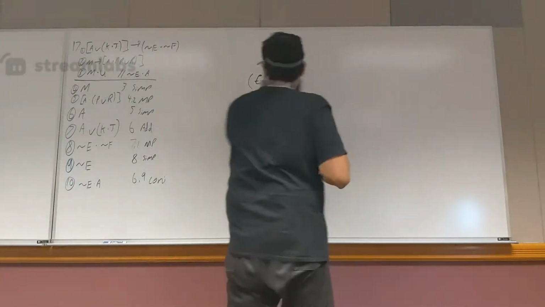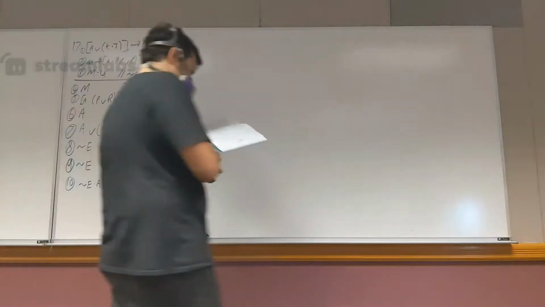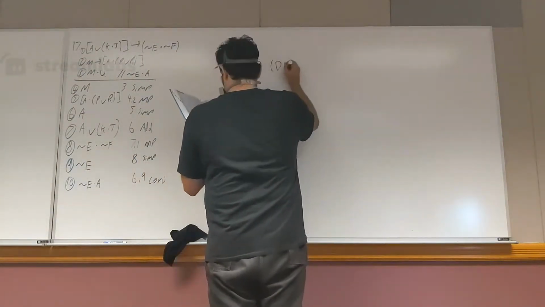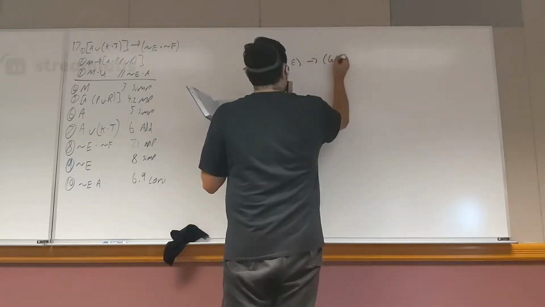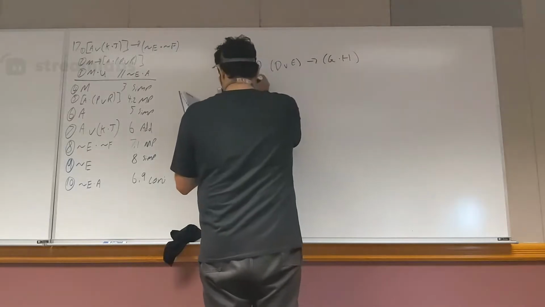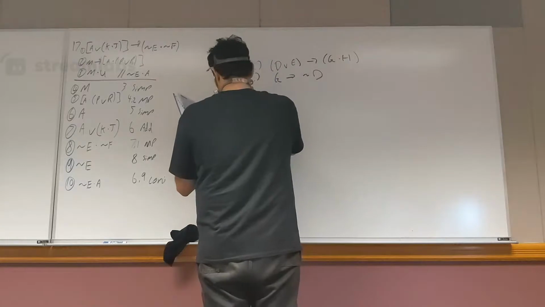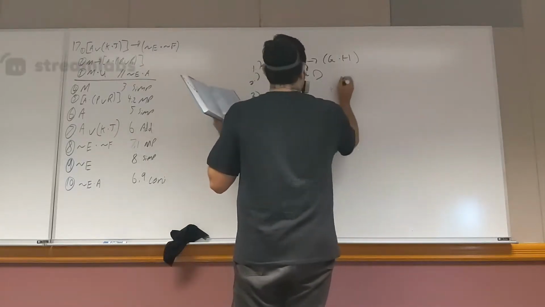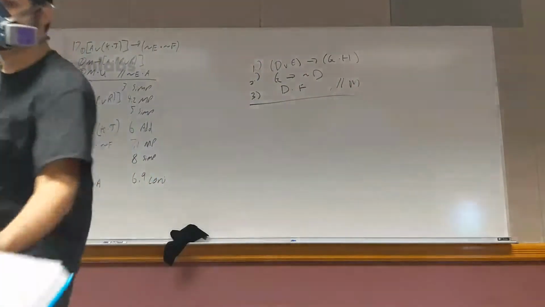What it did is break it down to one statement, which was D, and then it added D or M, and it just disproved D. So D or E, then G and H, G then not D, D and F, therefore M. It makes sense what they did, it just feels so cheap.